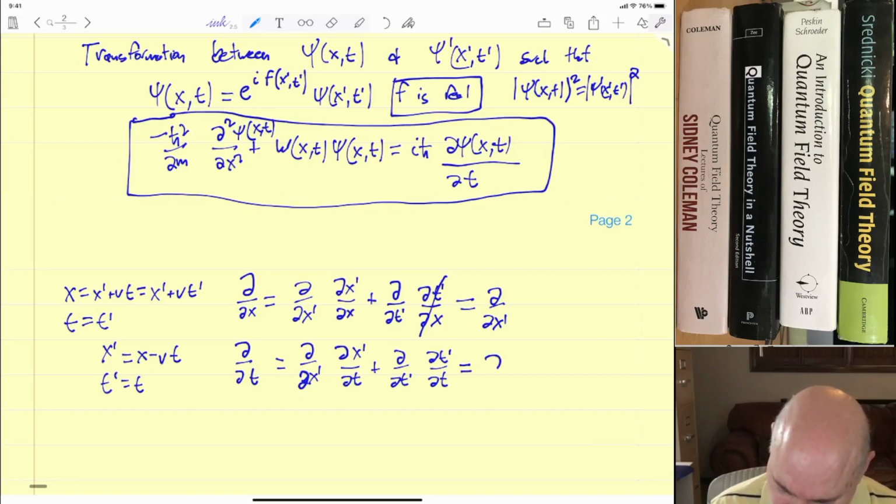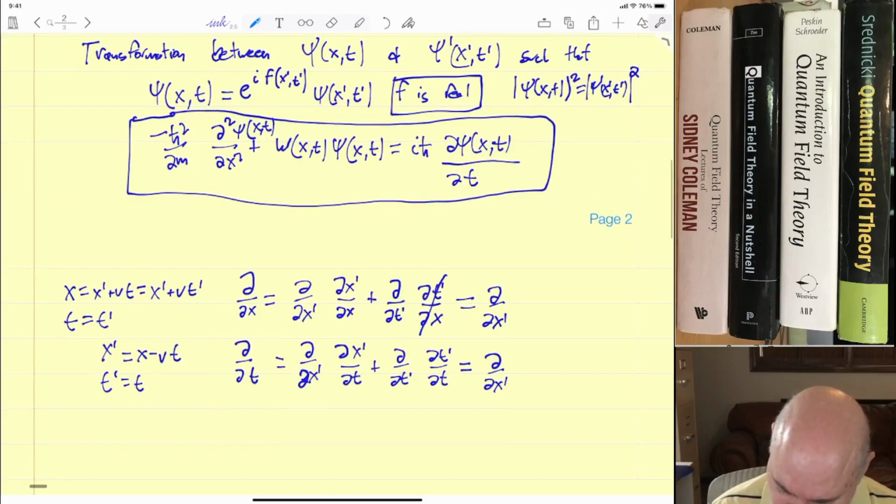And this is equal to the partial with respect to x prime, the partial of x prime with respect to t from this equation is minus v. So I'll put minus v. And now the partial of t prime with respect to t is 1. So this becomes partial with respect to t prime. Okay, so that's how we convert our derivatives.